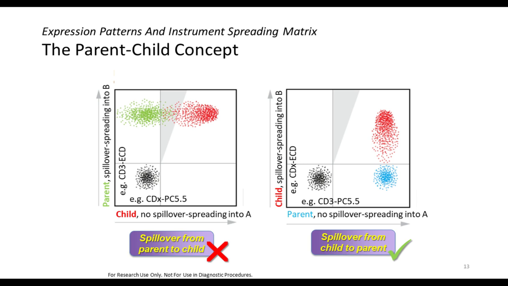Furthermore, let's consider two dyes for our example here: ECD, PE-Texas Red, a dye with an intermediate brightness, and a very bright dye, PC5.5. CD3, as additional information here, causes spillover spreading into the detector where we would want to detect PC5.5, while vice versa, this is not the case. This is indicated here by the gray triangle that you see along the quadrant and along the y-axis.